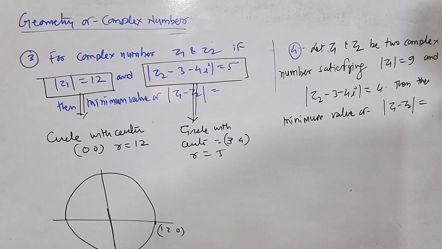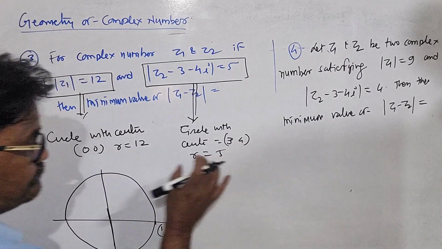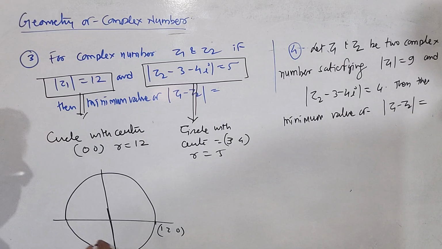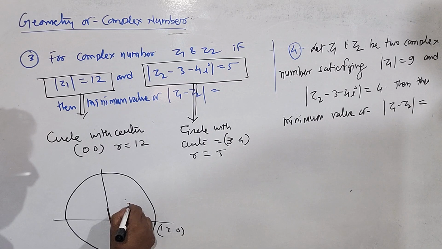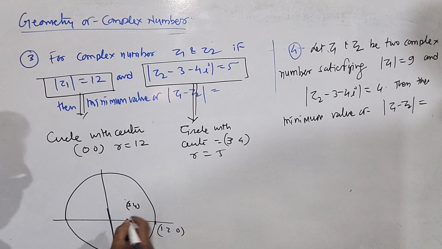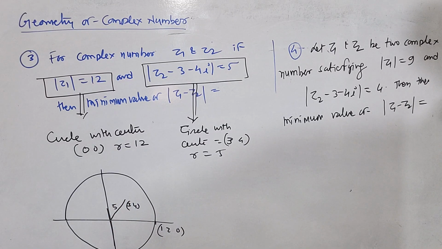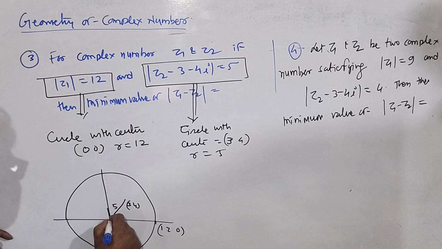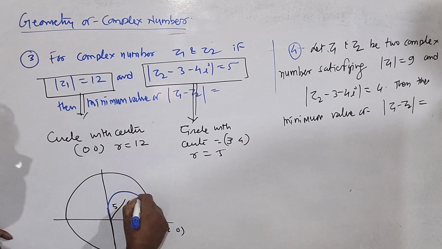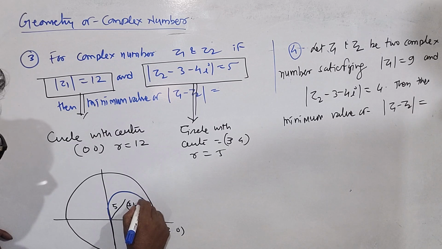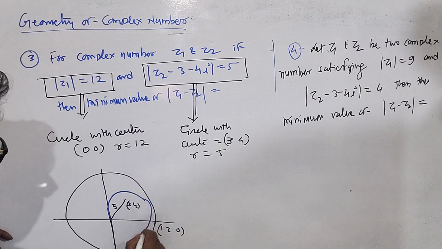Now here radius is 5 and 3 comma 4 is the center, in the first quadrant. The distance of 3 comma 4 from the origin is 5, this we all know, so this circle is passing through the origin. It is something like that.